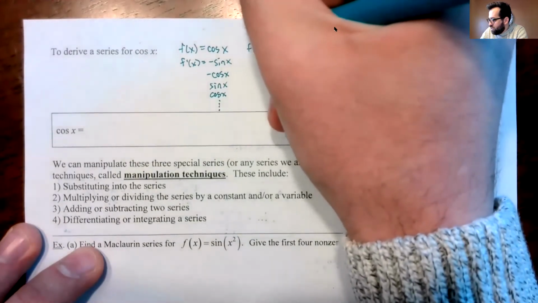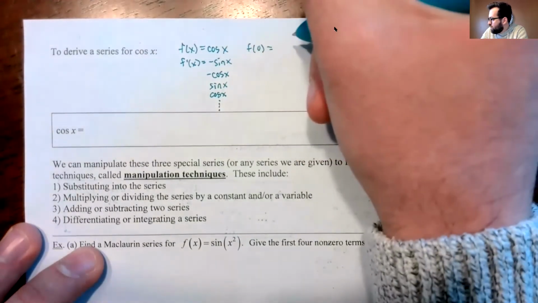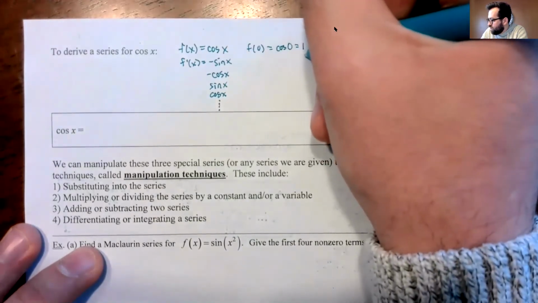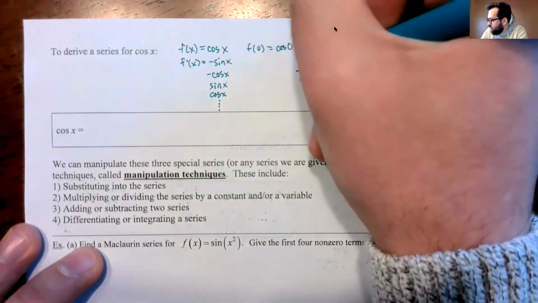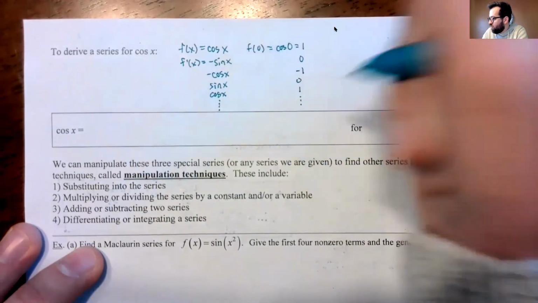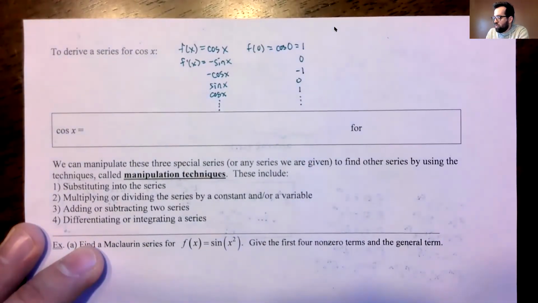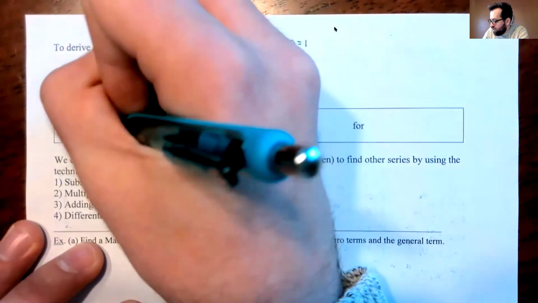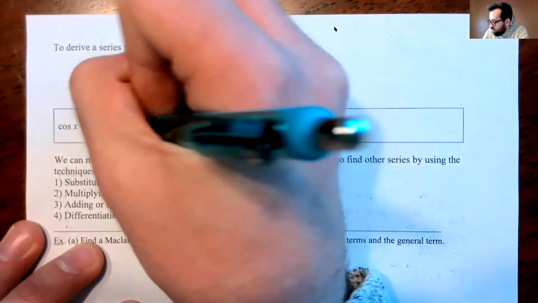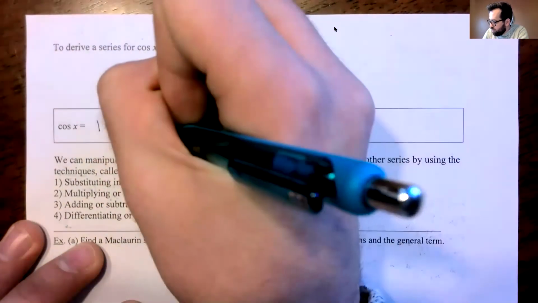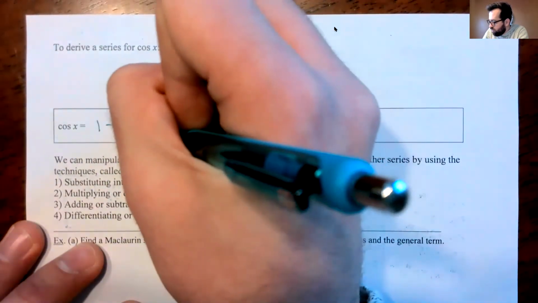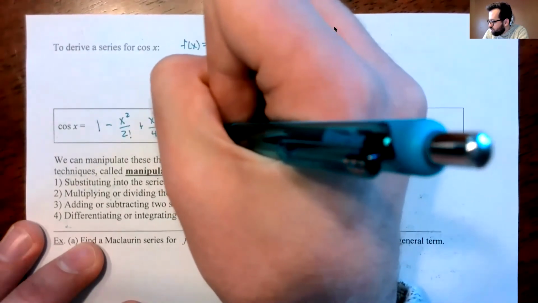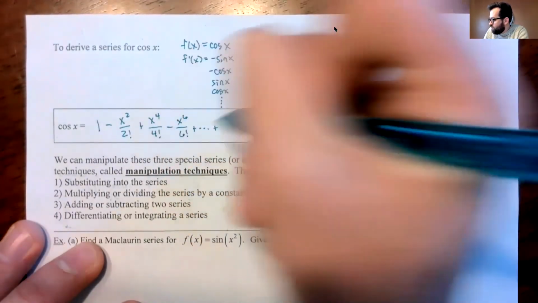And we're centered at 0 once again, so f of 0 is going to be the cosine of 0, which is 1, and then it's going to go to 0, and then -1, and then 0, and then 1, and so on. And so if we plug all of those in, just like we did on Desmos, it's going to become 1 minus x squared over 2 factorial plus x to the 4th over 4 factorial minus x to the 6th over 6 factorial. And it keeps going.